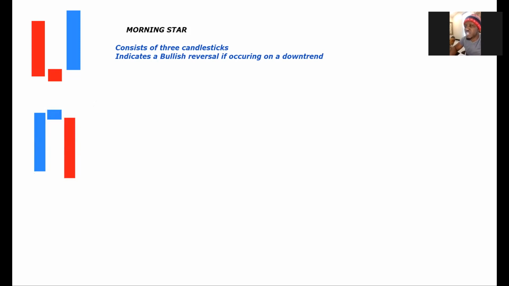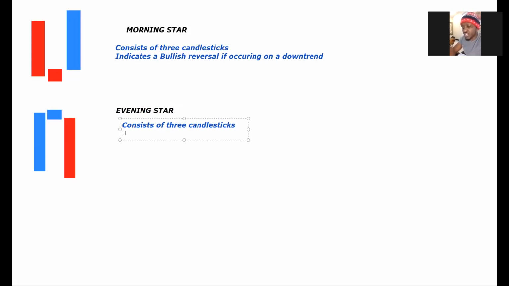All right. So this right here is obviously the evening star. This is the evening star. It also must have 3 candles. It consists of 3 candlesticks.